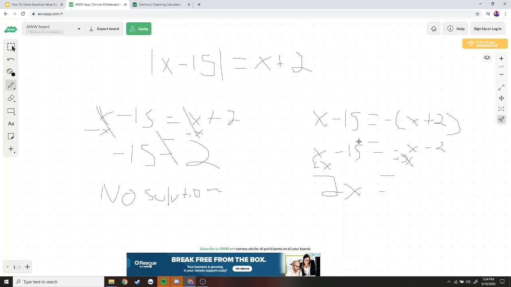So x plus x is 2x, and then we're bringing this negative 15 on the other side, so we're adding 15. 15 minus 2 is 13. So we're going to get x is equal to 13 over 2, since we divided this 2x by 2. And this is our only answer.